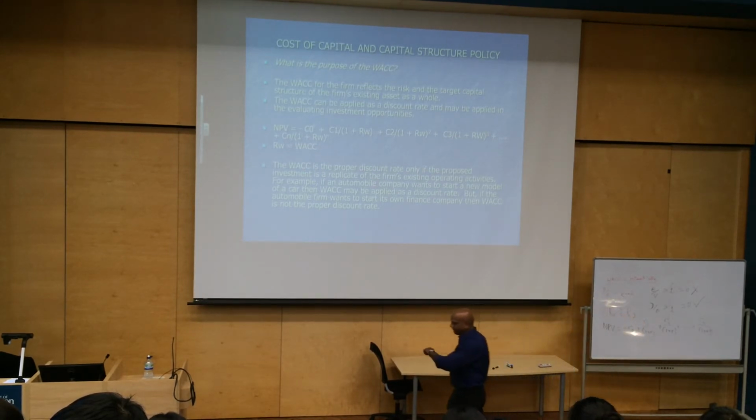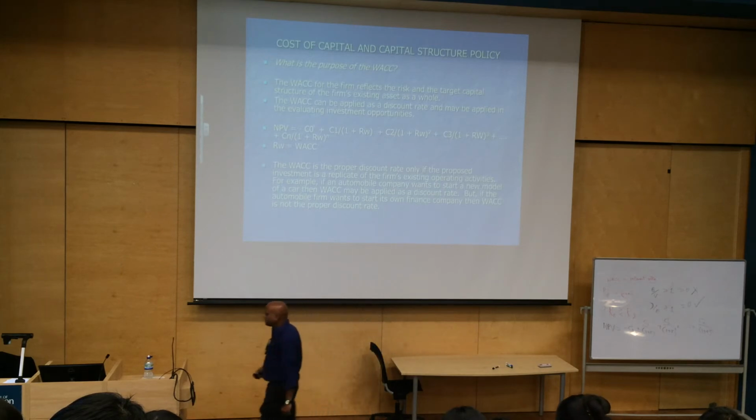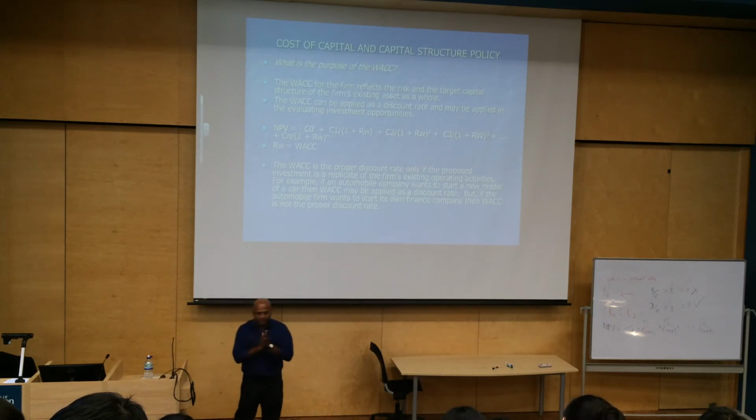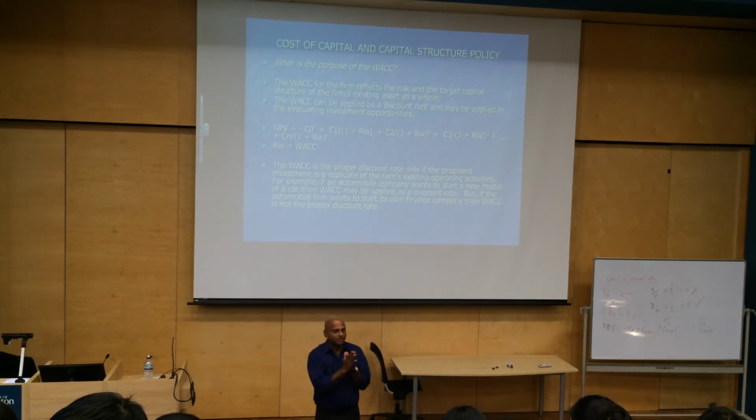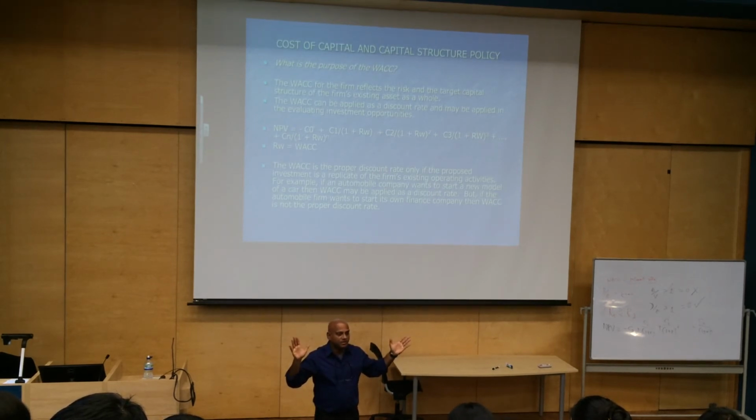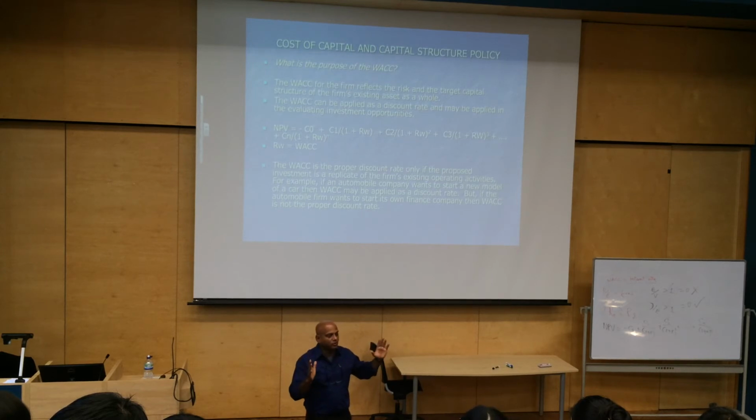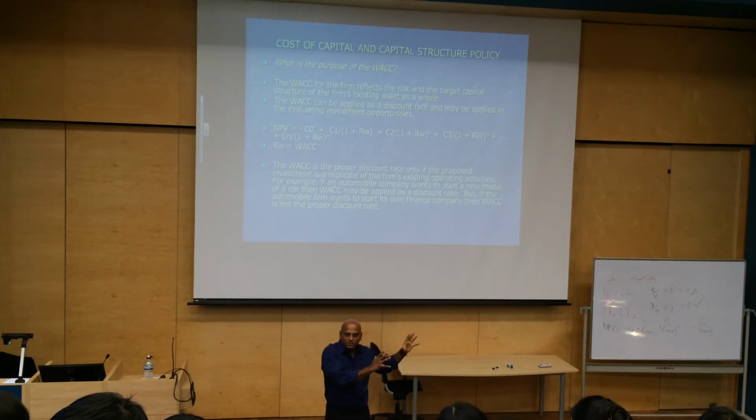Now the next statement, explain that to me. The next statement says, if a big company is starting a new project in what it does already, then use the WACC. But if you're doing something different, then WACC cannot be used.